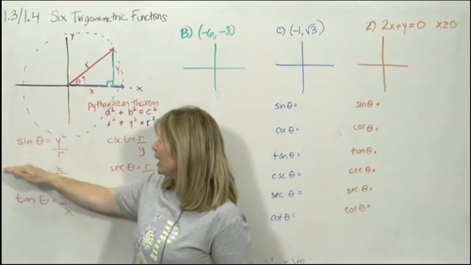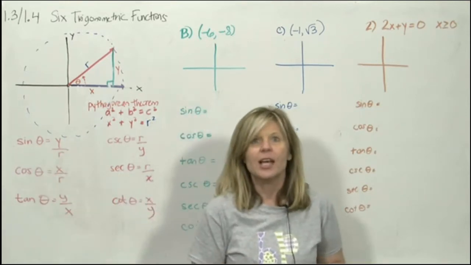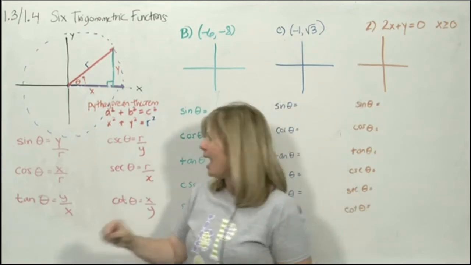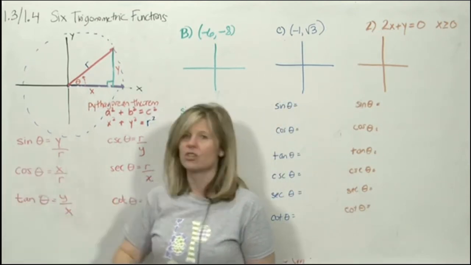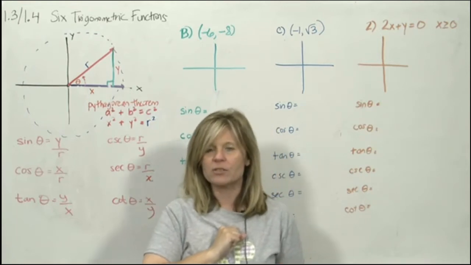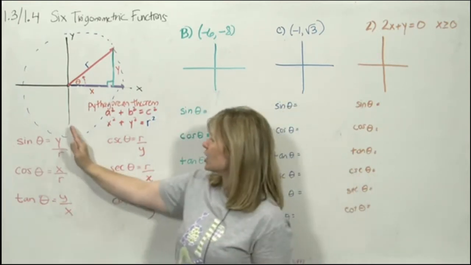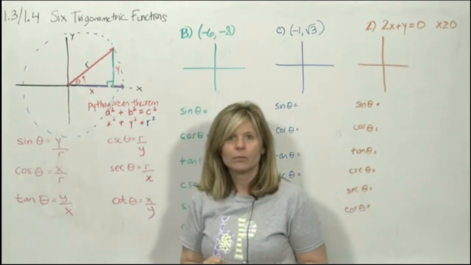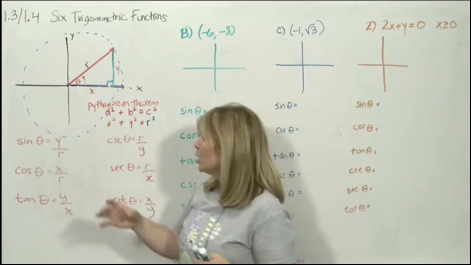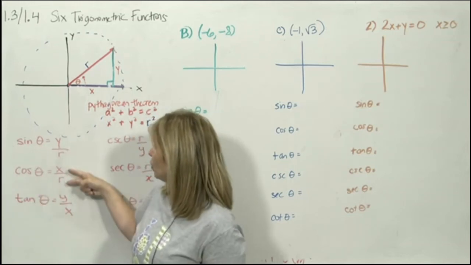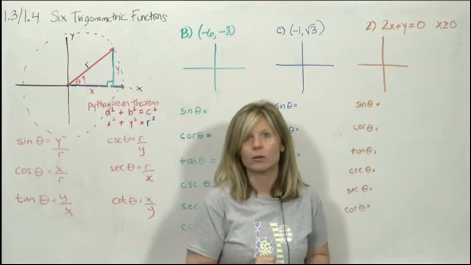These are your 3 basic trig functions. If you look at your calculator, every single scientific calculator has a button for sine, cosine, and tangent. And we'll learn about those buttons in a later video. But right now you have to understand why they are defined the way they are. Trig is a relationship between an acute angle and 2 sides of the right triangle.